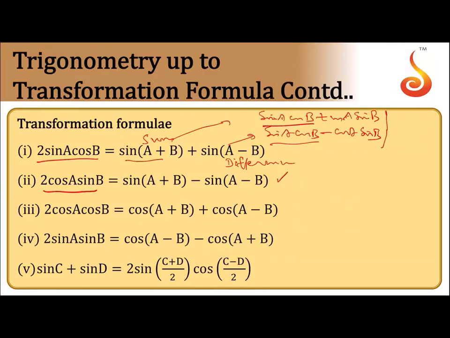So sine sum plus sine difference is nothing but 2 sine A cos B, and the sine sum minus sine difference is 2 cos A sine B.